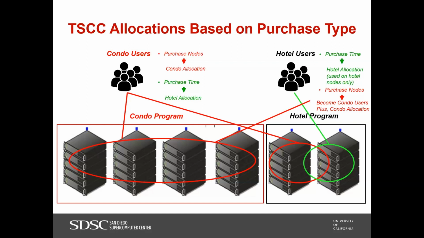Then they will have two separate allocations: one is their hotel allocation, and another is a condo allocation. So we don't mix the condo and the hotel allocations anymore. We are separating them for better allocation management purposes.